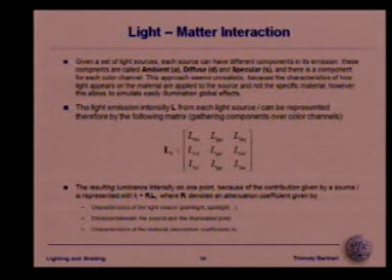Namely, I could set a parameter to 0 to describe the fact that I didn't have reflection, but I had total absorption. And I have one of such levers, parameters, for each one of these combinations.